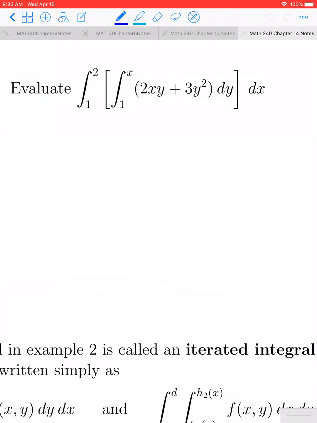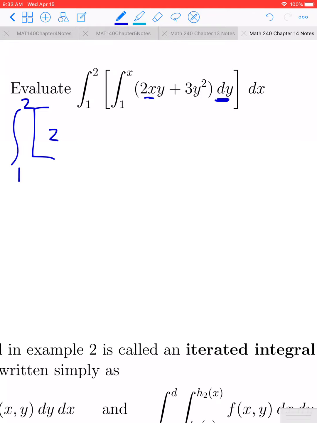This integral is being done with respect to the y variable. It's going to be an integration dy. So we have the definite integral from 1 to x. Let's work out that inside part. If we're going to integrate with respect to y, then we want to think of x as being constant.